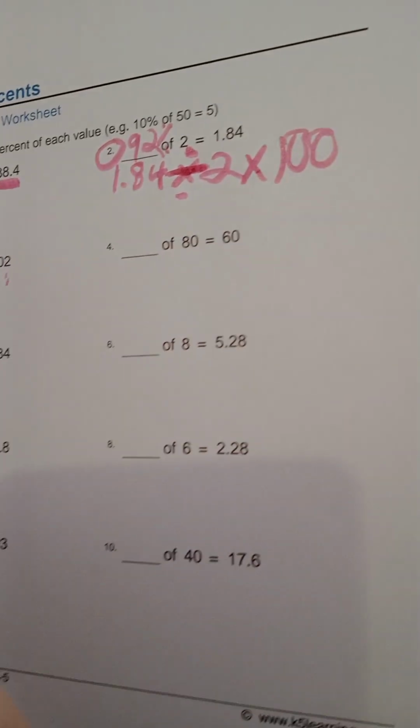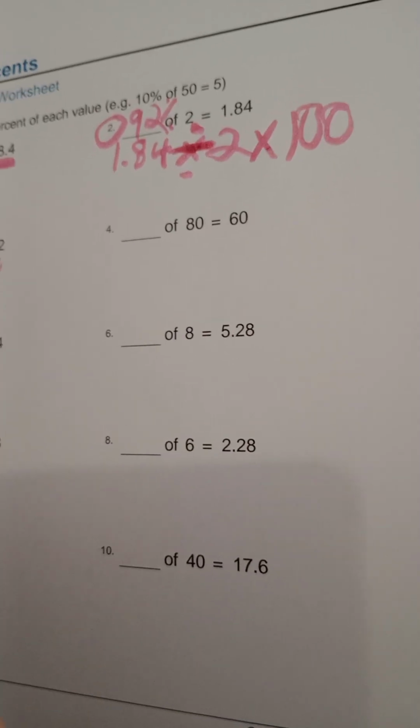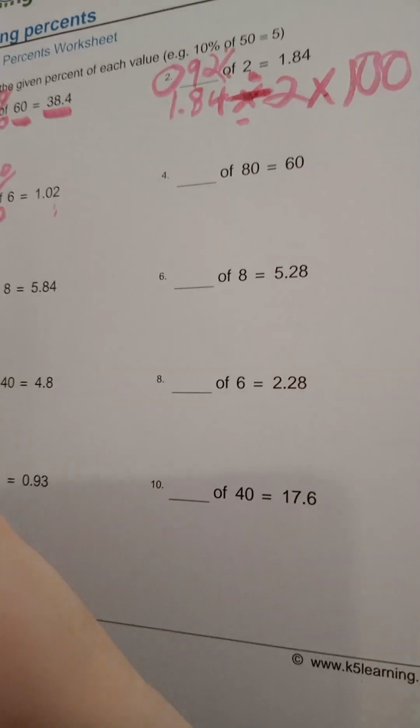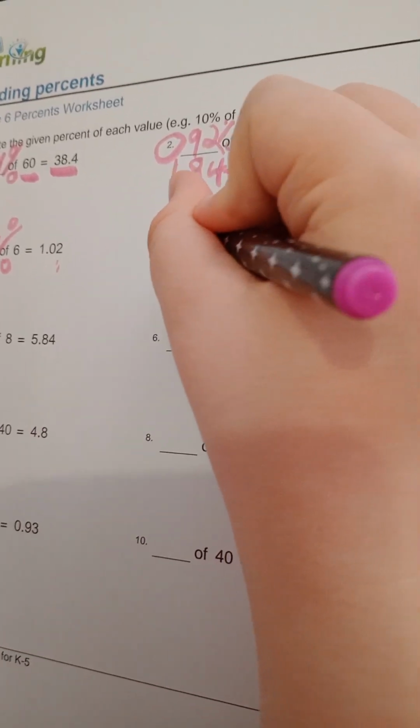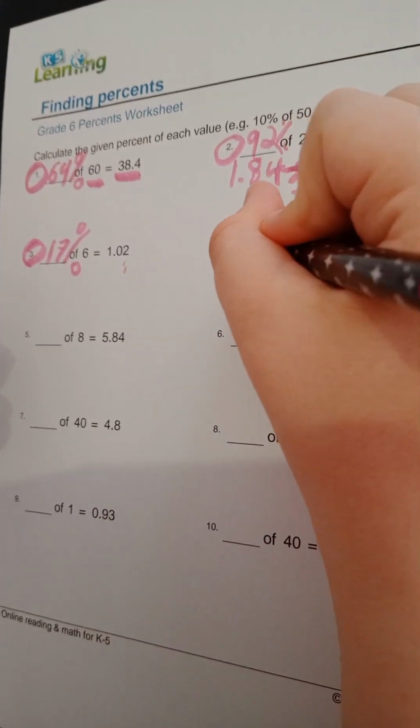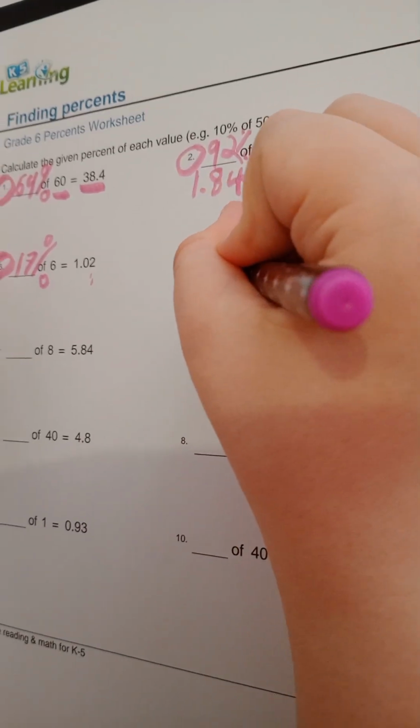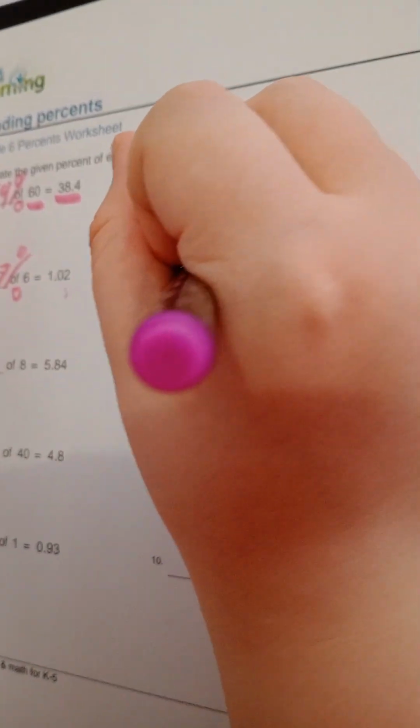Now 60 something of 80 is 60. So you do 60 divided by 80 times 100, which is 75. Can you write that down for people who might get confused about the above calculation? So it looks like a division.